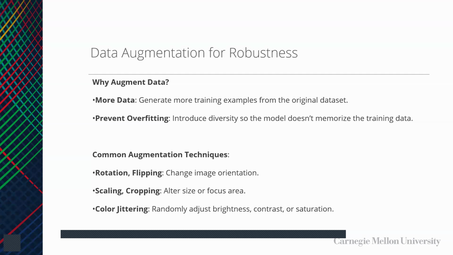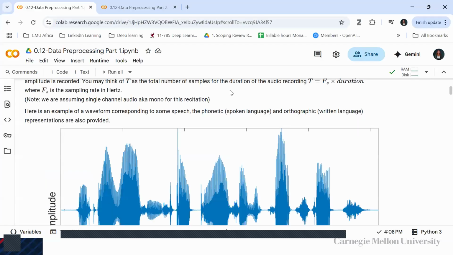Common augmentation techniques, as we said, are rotation, flipping, scaling or cropping. Scaling or cropping can alter the size or the focus area. Color jittering adjusts the brightness, the contrast, and saturation. We're going to see all of this in our code.